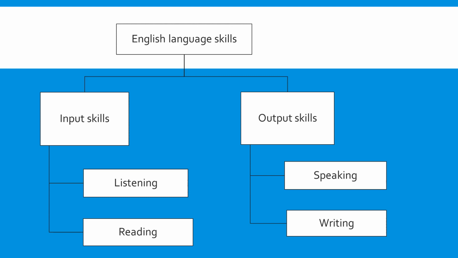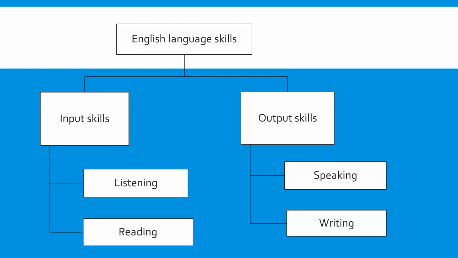before speaking and writing. On the right, we have output skills. Output skills like speaking and writing. Speaking and writing can be learned after listening and reading.